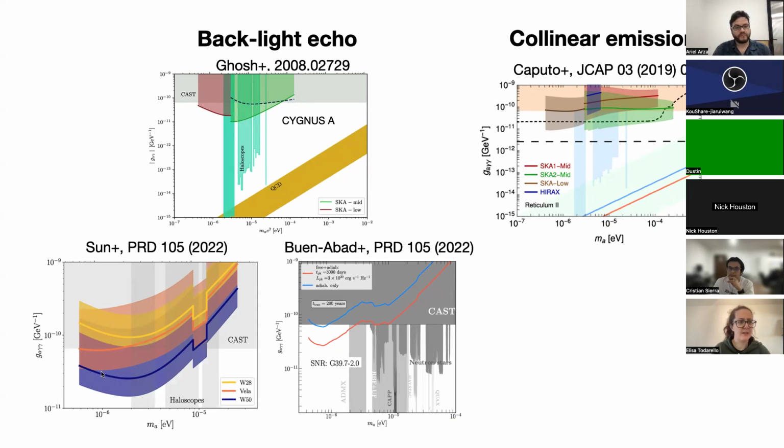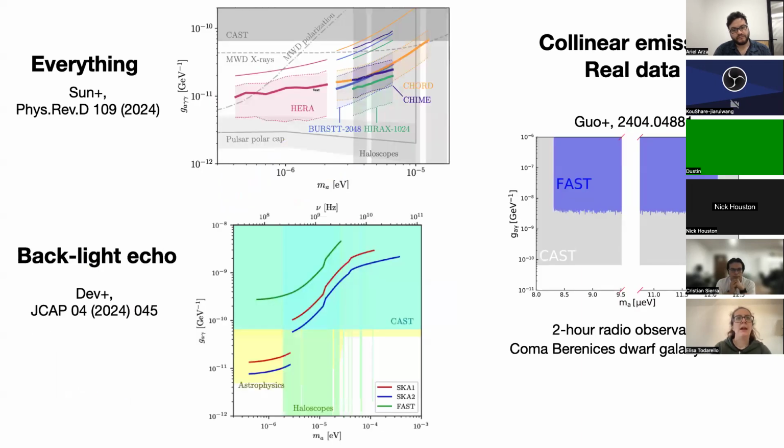And you can see there's some uncertainty band. This is the uncertainty in the modeling of the supernova remnant time evolution and other factors. And here there are also two different models for the supernova remnant. Then at the same time as us, we were working in parallel, there was also this paper in which they look at the emission from the whole sky.